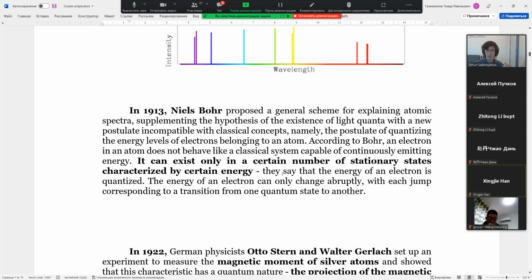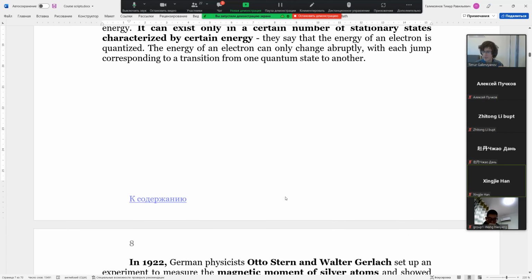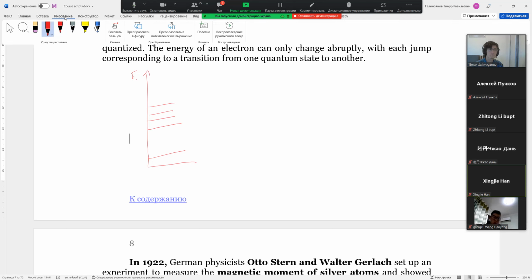Let's say that's the energy, and electrons can be here, here, here, here. We can take the green line.